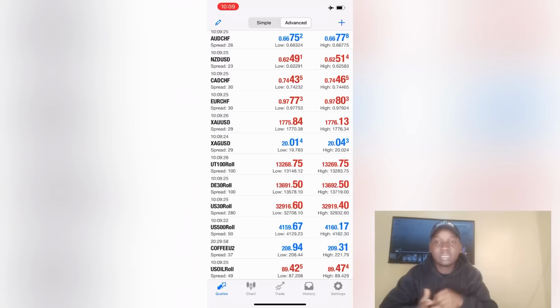For example, you can trade Netflix, you can trade Tesla, you can trade Apple, okay, individually. You can trade Boeing, and right now, even with our broker FX Pesa, you can trade Safaricom, you can trade EABL. Amazing, right?